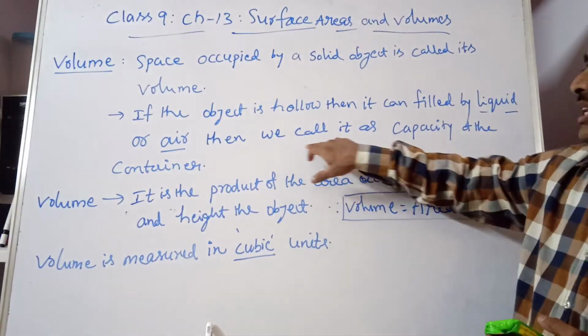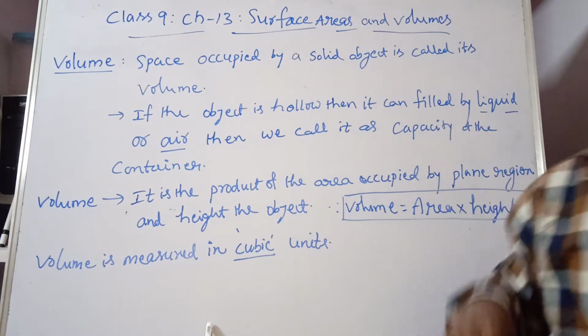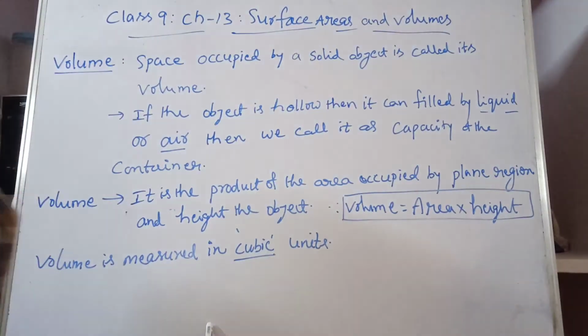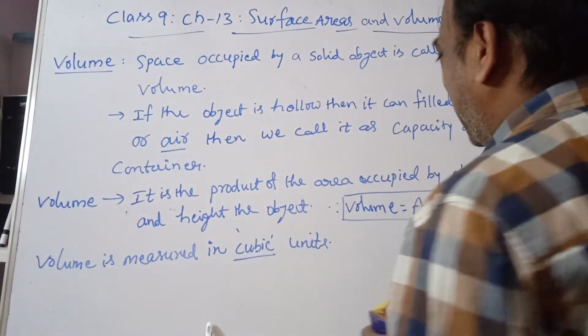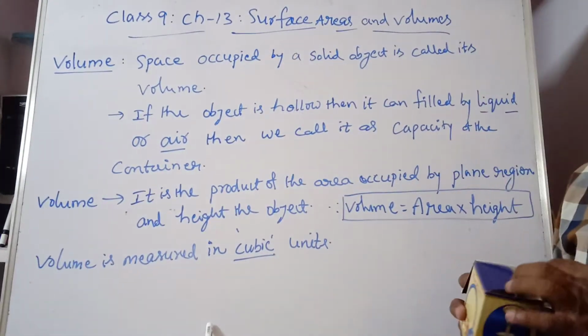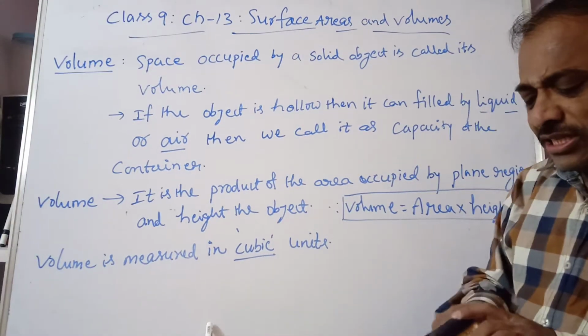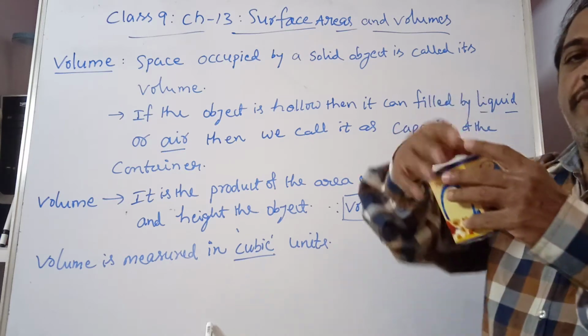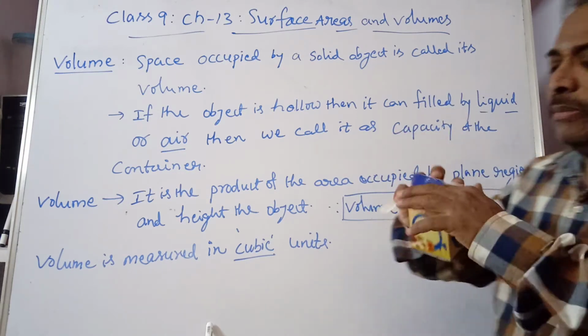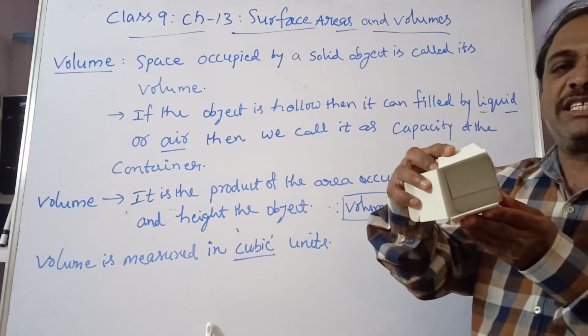And as mentioned here, if the object is hollow, then it can hold something within it. Now you see, this is a cuboidal box. When we open it, there is empty space within it.